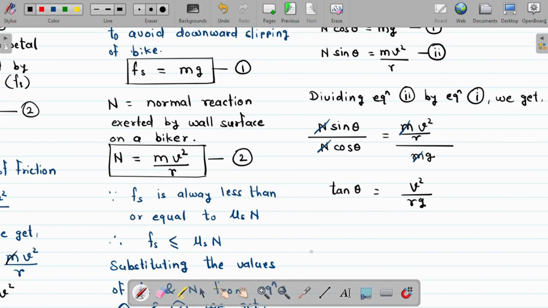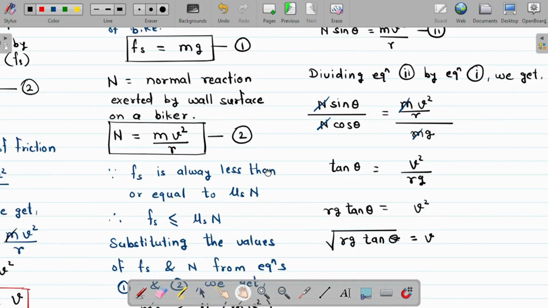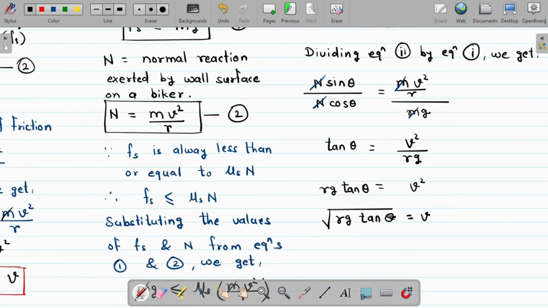Rearranging the factors, we have v square equal to r g tan theta. Now for v, we have to take the square root on both sides. So v equals under root r g tan theta, and this is the necessary expression that we are finding for the safest speed with which any vehicle can be safely driven on that banked road.